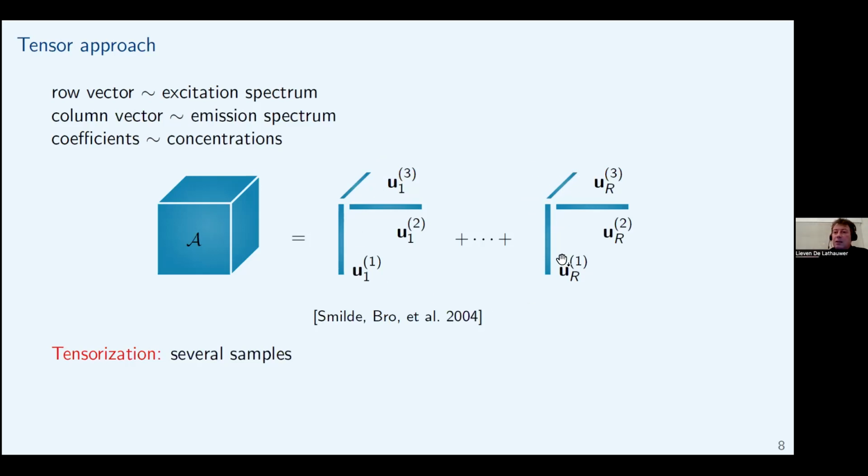CPD is very easily unique. And so you can know what is in your data, and you can extract the pure excitation spectra, the pure emission spectra, and the concentrations. And so the whole thing is you tensorized the problem. And the tensorization here, going from a matrix to a tensor, happened by considering several samples at the same time. We will see different instances of tensorization later on.